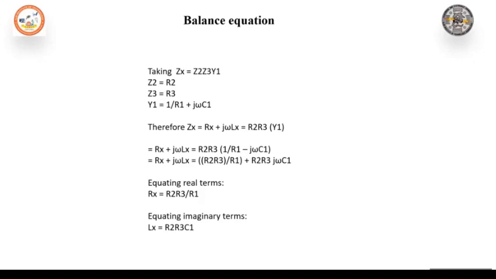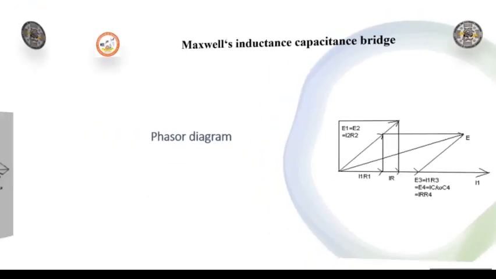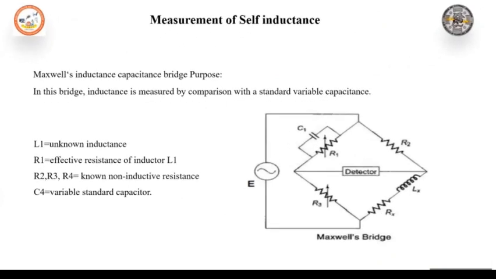So Zx is equal to Rx plus j omega Lx, as Lx is in series with Rx. Look at the diagram, students. Admittance 1 is equal to 1 by R1 plus j omega C1, since R1 is in parallel with C1.